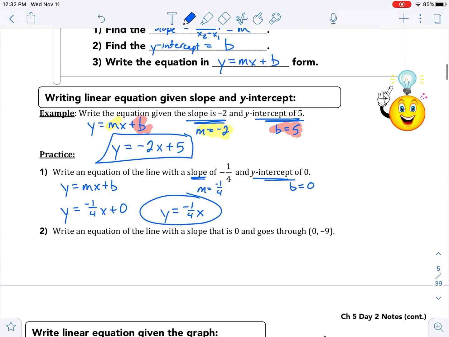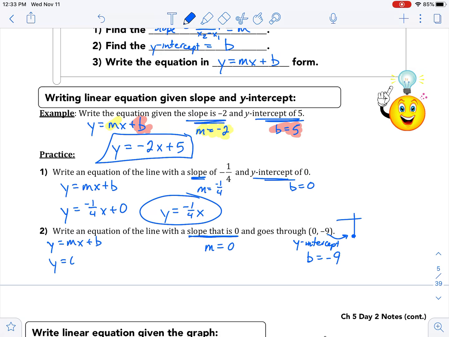If I slide down to the second one here, it says, can we write an equation that is going to have, again, the slope of 0? So as I look at y equals mx plus b, I know that m is equal to 0, and that it passes through (0, -9). But remember, (0, -9) would be this point down here, which is called the y-intercept. So that reminds me that b here is -9.